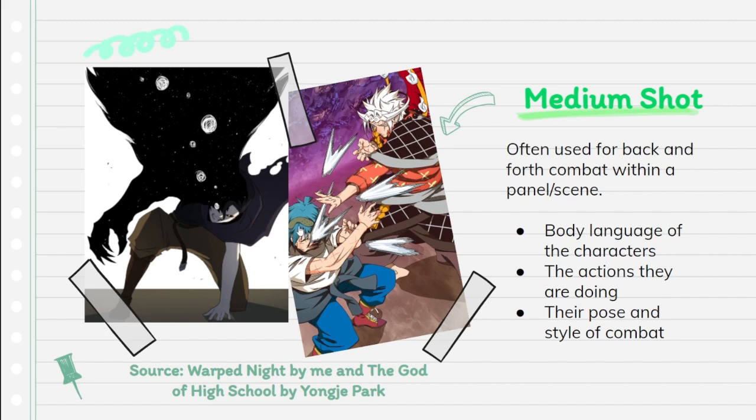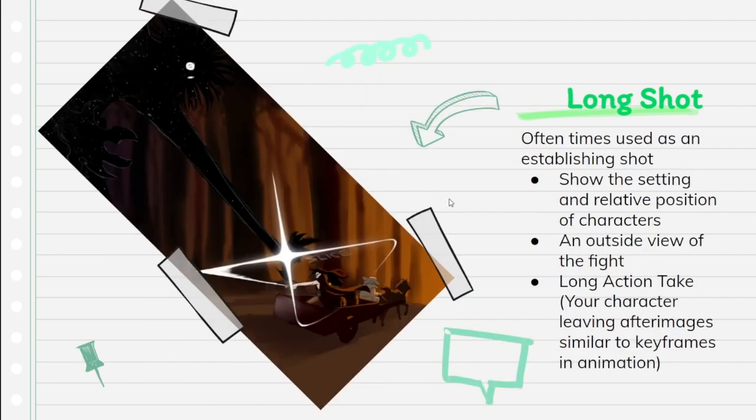And finally, the long shot. The long shot can often be called an establishing shot. This shows the setting and relative position of the characters, an outside view of the fight, and it can also be used for long action takes, which is basically your character leaving after images similar to keyframes in animation.